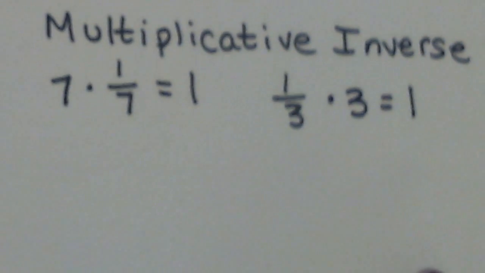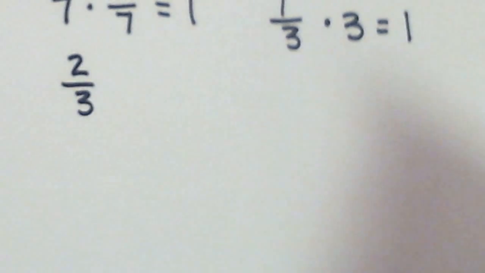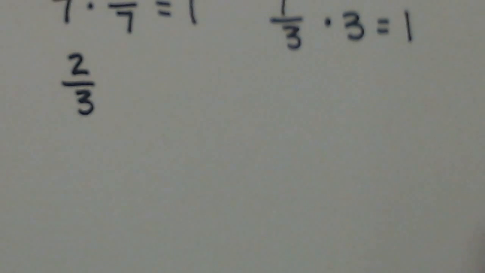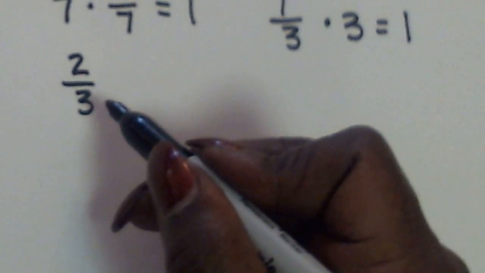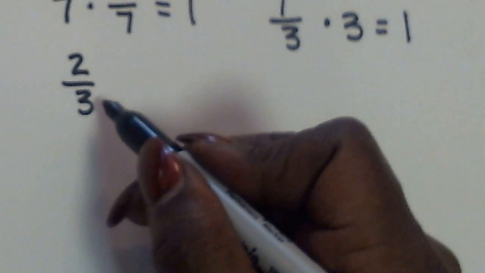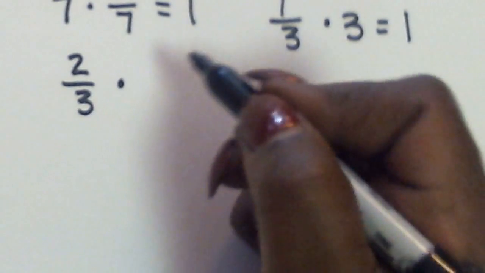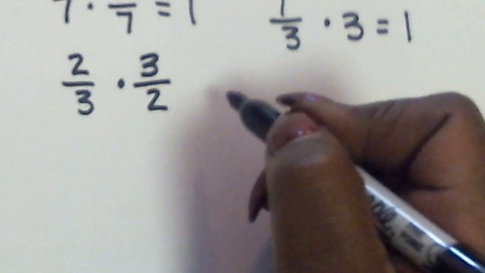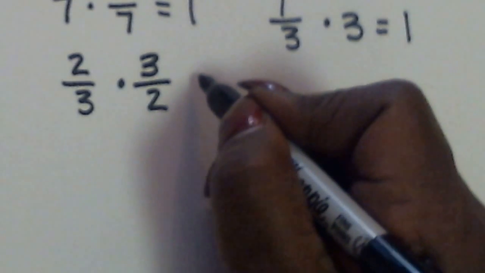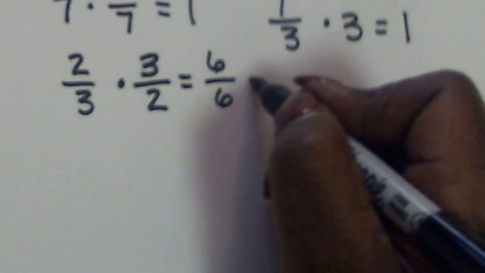Now suppose I had a fraction like 2/3. I would have to find a number that I would multiply to 2/3 to equal 1. So I would multiply it by 3/2. If I multiply it by 3/2, I will get 6/6, which is 1.